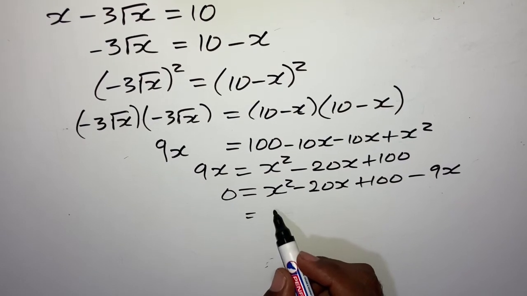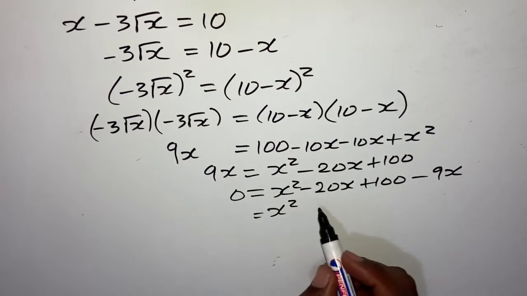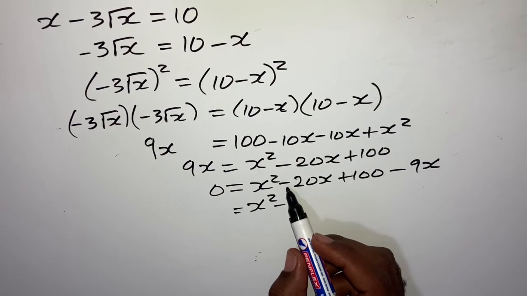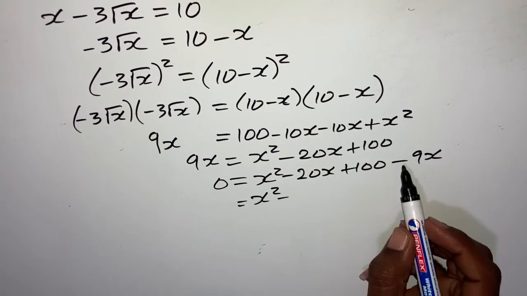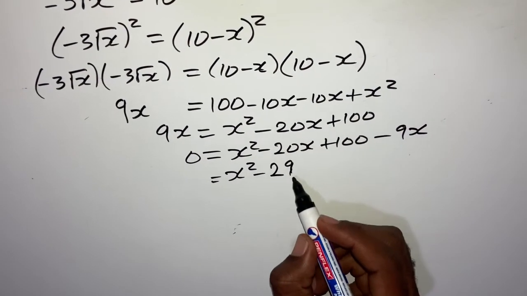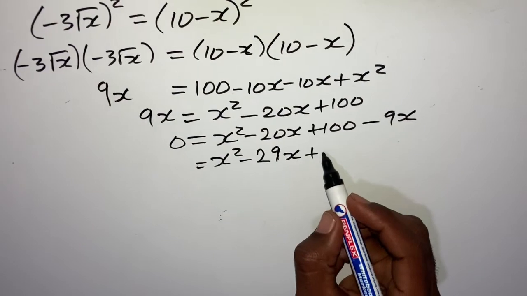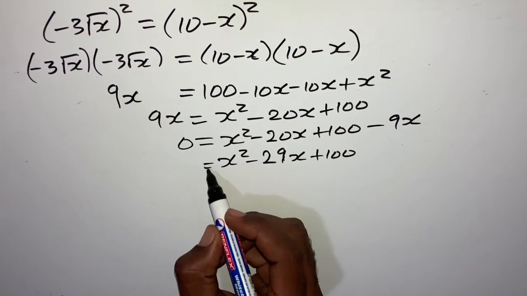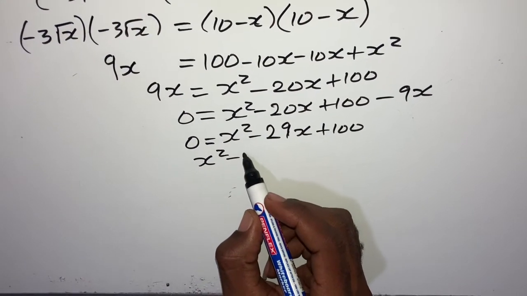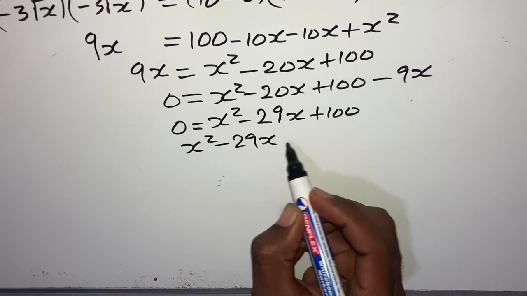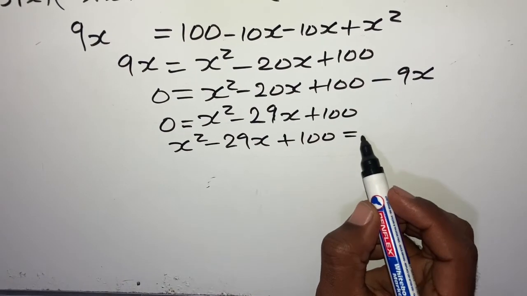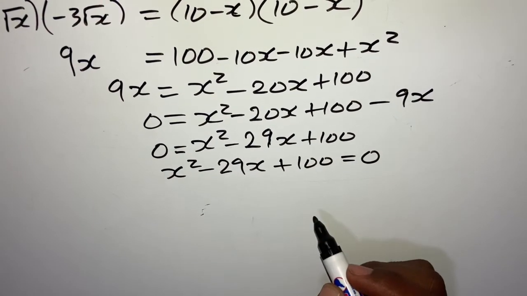Then from here, we say x squared, negative 20x minus 9x, we get a negative 29x plus 100 equated to 0. Then I write it in standard form, x squared minus 29x plus 100, then equate that to 0.